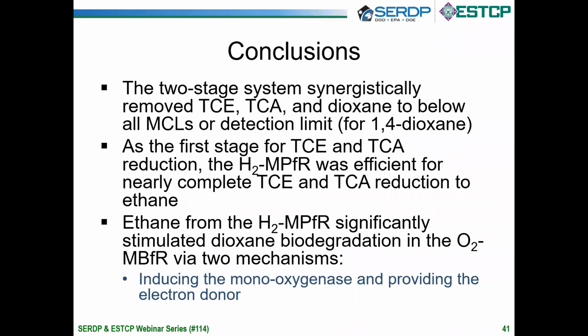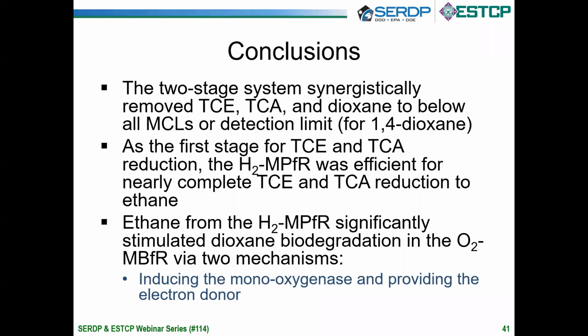So to wrap up with some overarching conclusions, we created a two-stage system with the synergistic, removing TCA and TCE in the first stage, reducing them to ethane, and using the ethane in the second stage to biodegrade the dioxane.